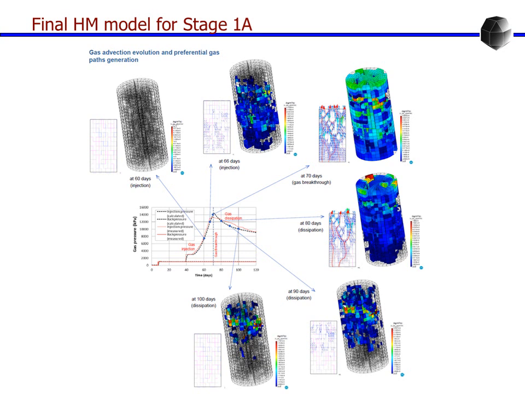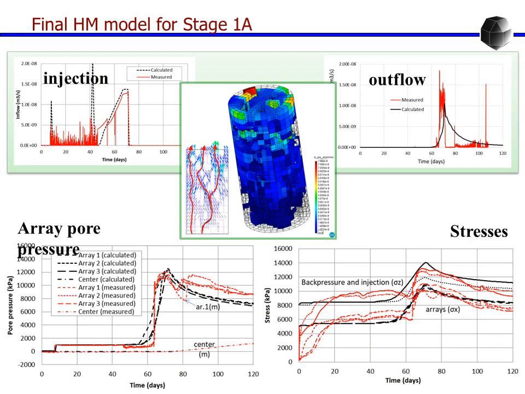And then, if you see in our model, we can represent some preferential paths, and the model is able to capture this type of feature, the formation of preferential paths through the sample. The results of the model in terms of flow rates, pressure, and stresses can be compared with the measurements, and the results are quite satisfactory.